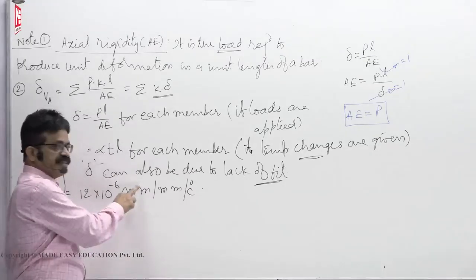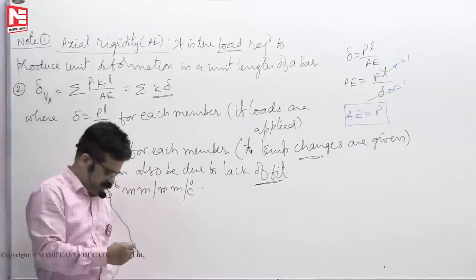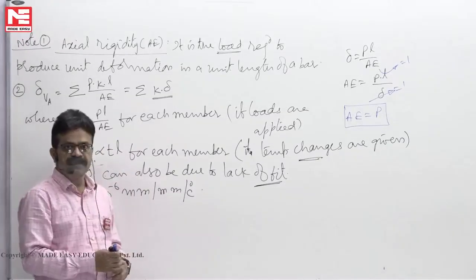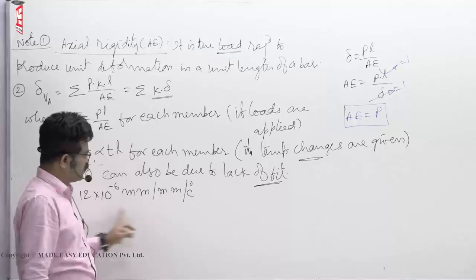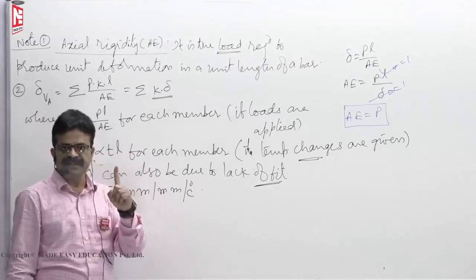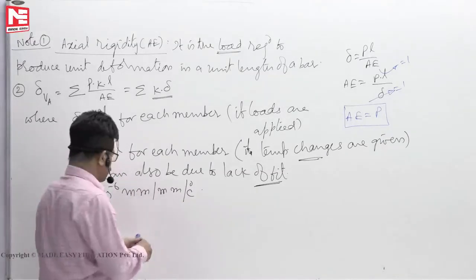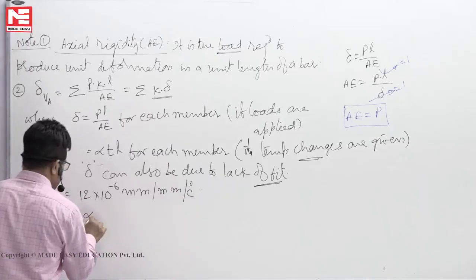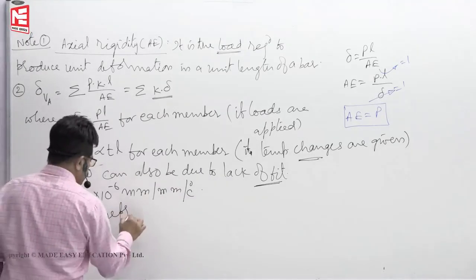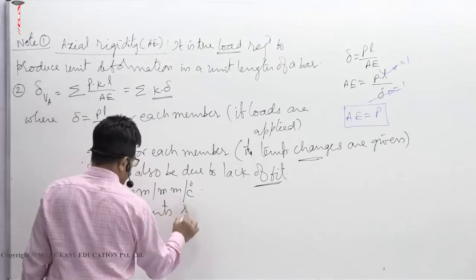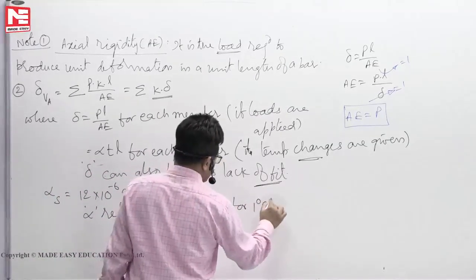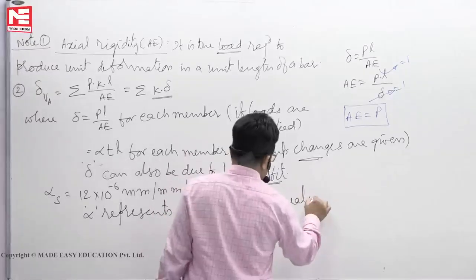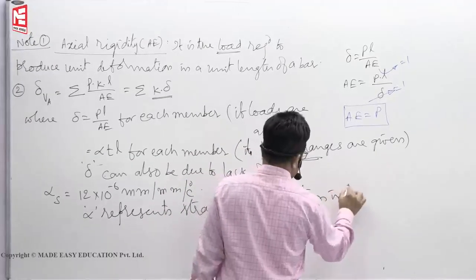That means this is the change in length by original length. That means this is a strain. Strain for 1 degree centigrade variation in the temperature. That means alpha represents strain for 1 degree centigrade variation in temperature.